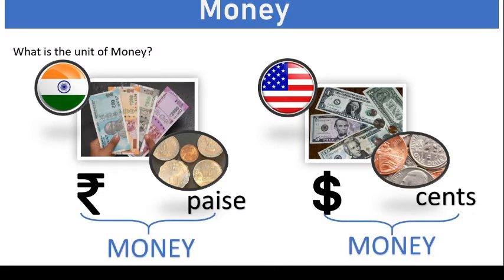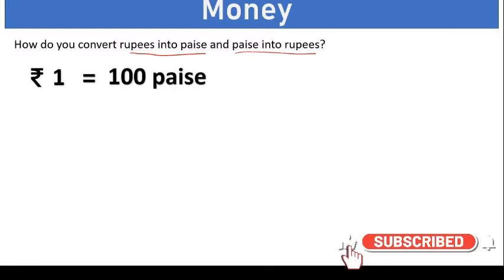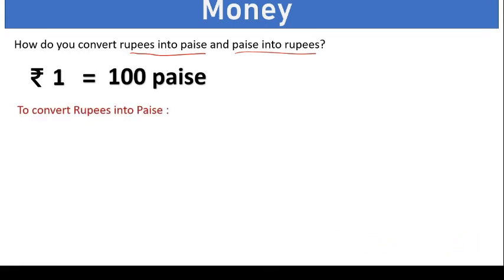Now, the very important thing is how to convert rupees into paise and paise into rupees. The key thing to remember here is that 1 rupee is 100 paise. This is useful when you convert rupees into paise or paise into rupees.